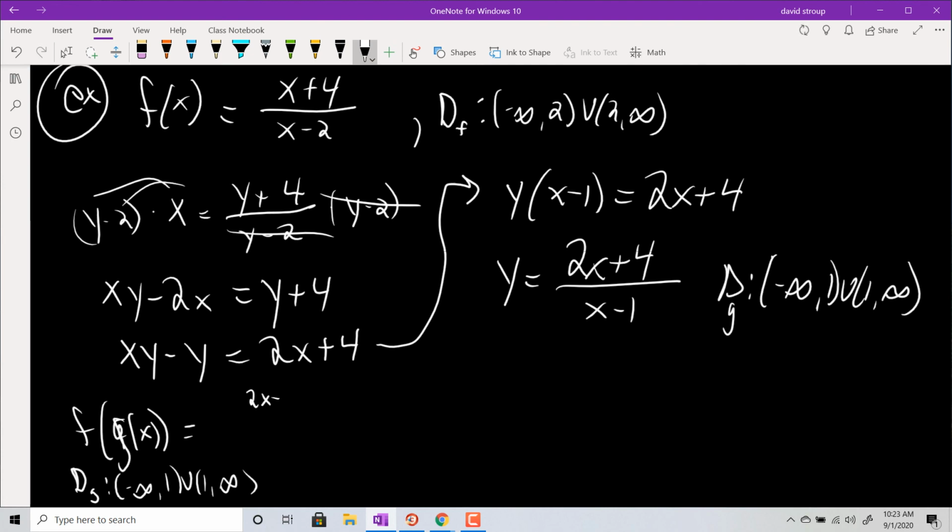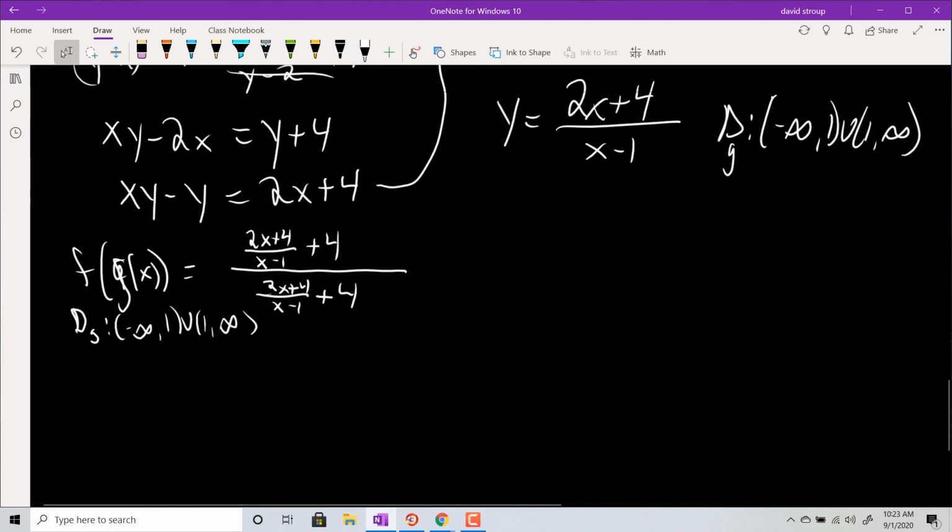So I have (2x plus 4), it looks like a monster, all over (x minus 1), plus 4, all over (2x plus 4) over (x minus 1) plus 4. And then you would simplify this. For it to work, we need to make sure that this entire thing is not 0. Maybe that's an issue you may wonder about, and it's not really an issue.